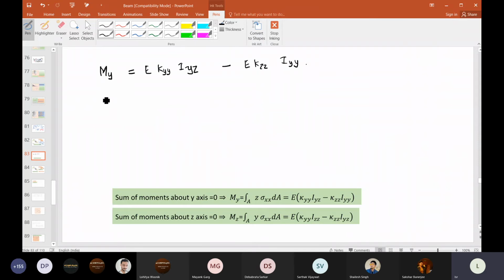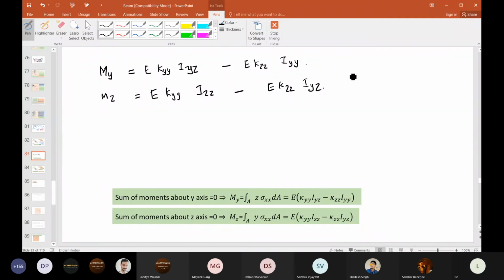This is my, and then mz will be equal to E kappa yy Iyz minus E kappa zz Iyy.